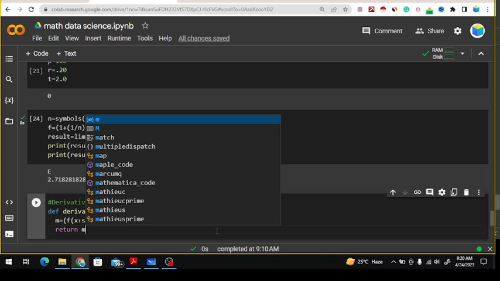So the first derivative function has been created, taking f, x, and step_size, and returning m.